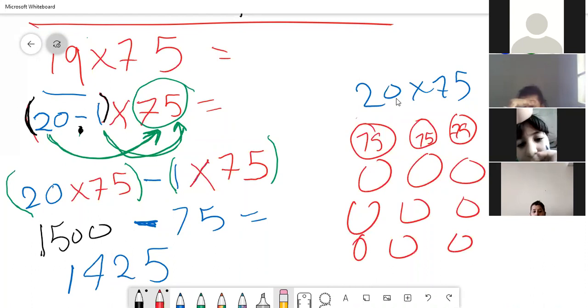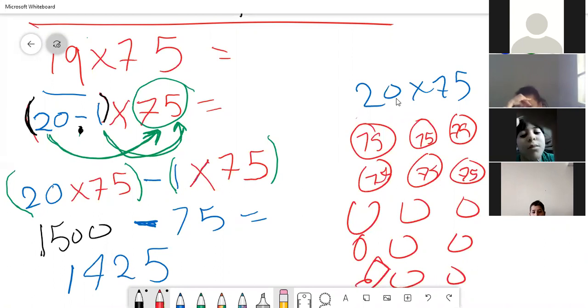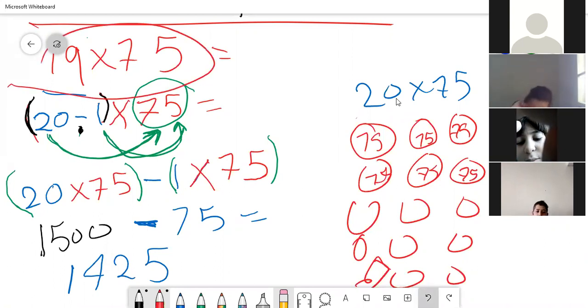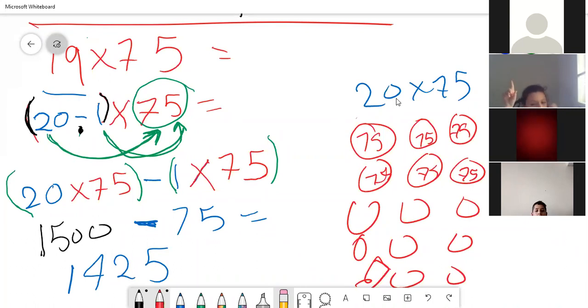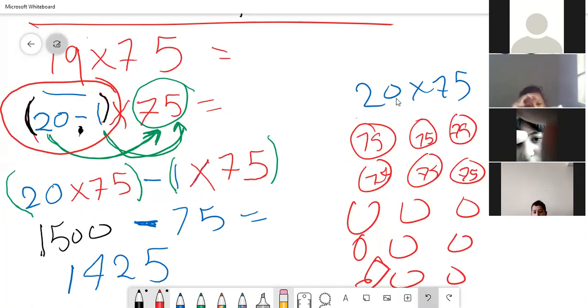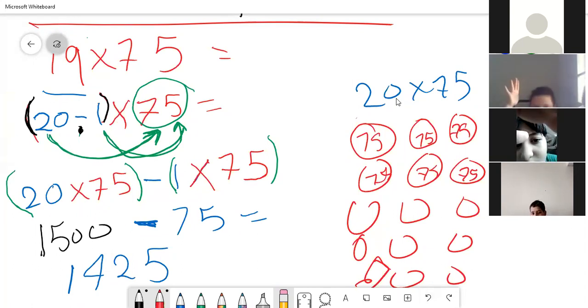In each group we have 75, 75, 75. So 19 times 75 means all these groups minus one group. That's why we put 20 minus 1, times 75.